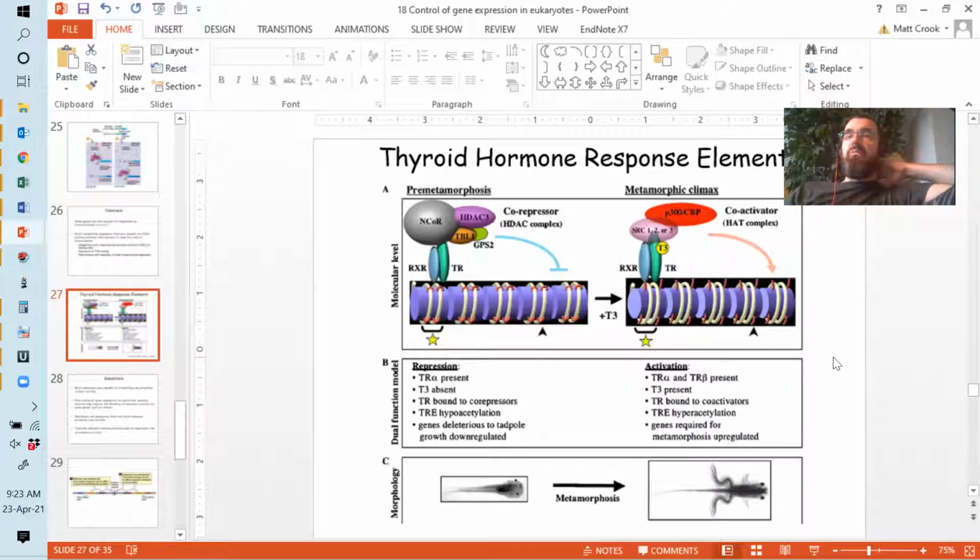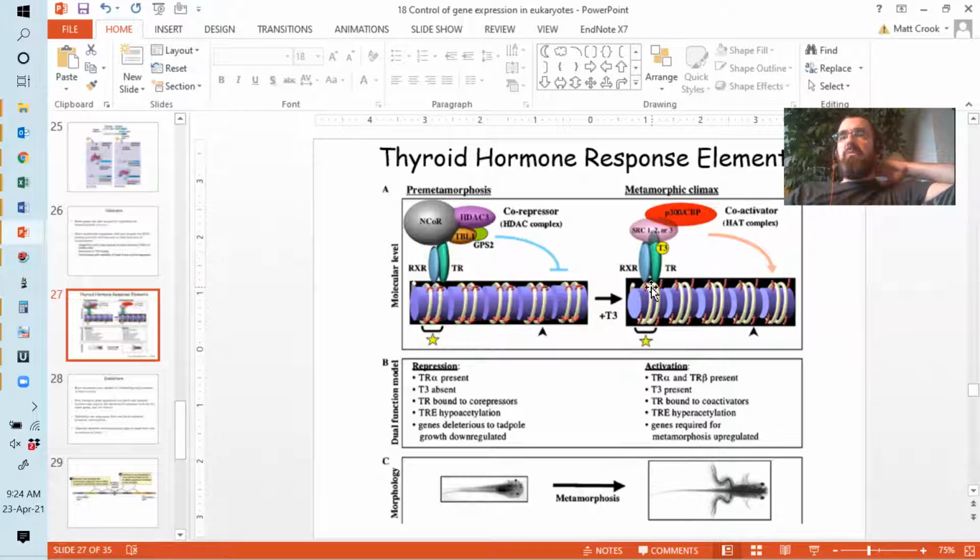So here's a good example, right? So this is thyroid hormone response element, right? So we have DNA wrapped around histones. We have a bunch of, this is a nuclear hormone receptor, retinoic acid X receptor, I believe, and thyroid hormone response.